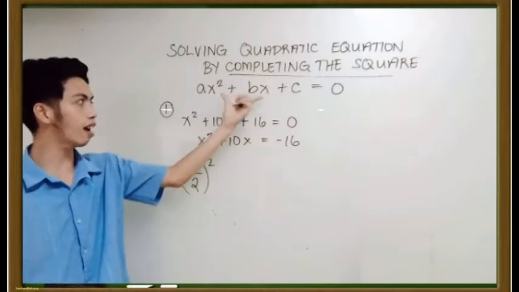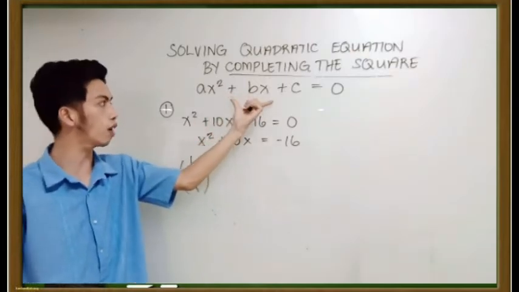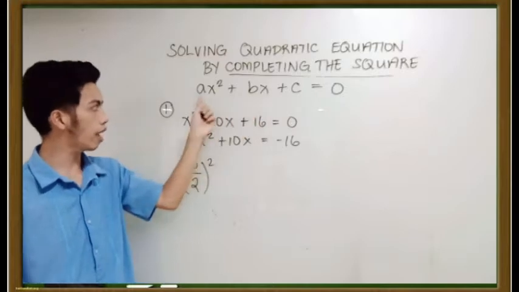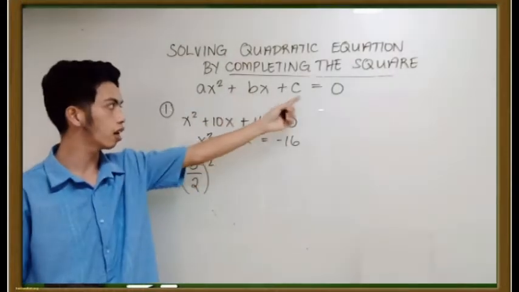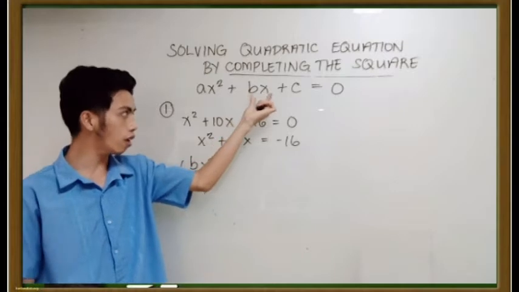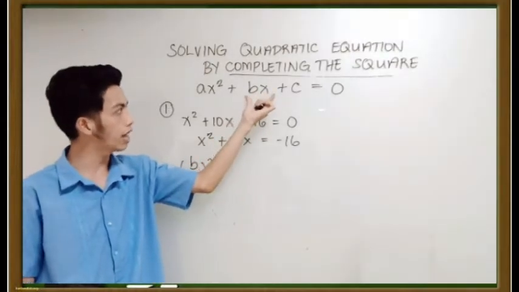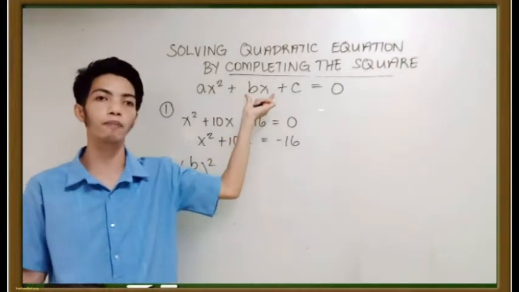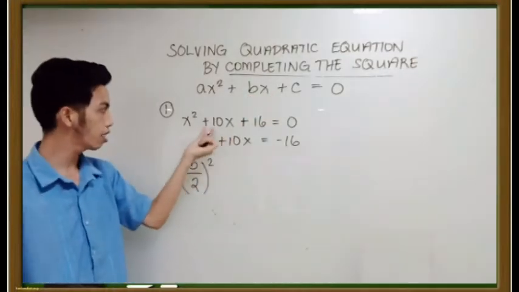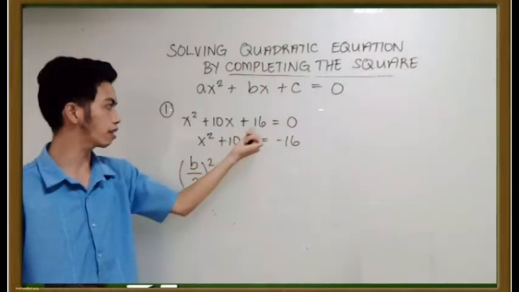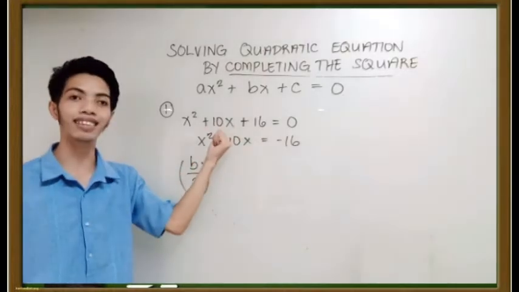We will look at the standard form of a quadratic equation. So, you have ax squared plus bx plus c. We know that the numerical coefficient of x is b. So, ibig sabihin kung ano ang katabi ni x, yun ang ating value ng b. So, in this case, x squared plus 10x plus 16, ang value ng b ay 10.